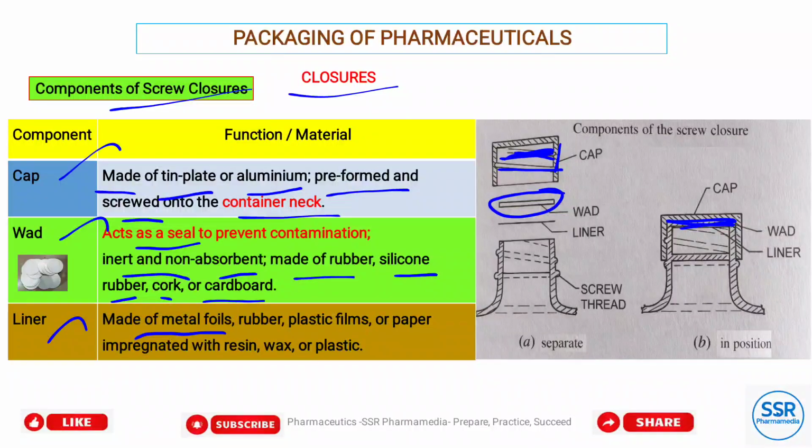It is made of metal foil, rubber, plastic film or paper impregnated with resins, wax or plastics. This is the liner material below the wad. So first is the liner material, in the center is the wad, and above is the cap. The wad is mainly used to prevent contamination. It is very important.